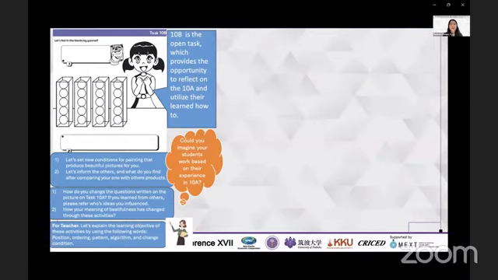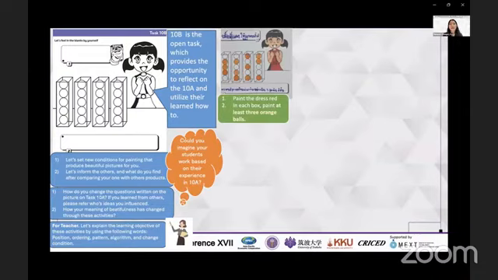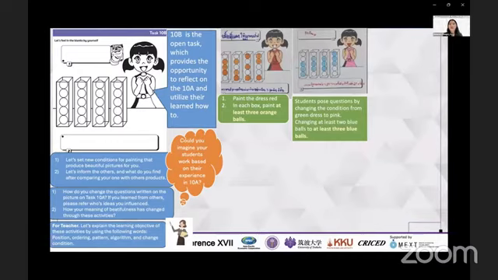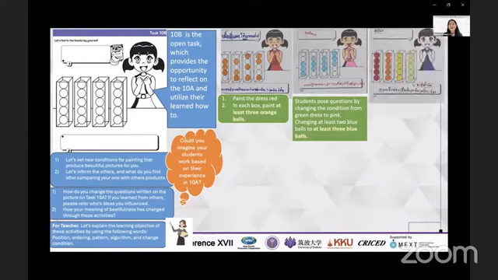I have some examples. For this one, students changed the condition. The first, paint the dress lace. In each box, paint at least 3 orange balls. In this one, students posed a question by changing the condition from green lace to pink and changing at least 2 blue balls to at least 3 blue balls.